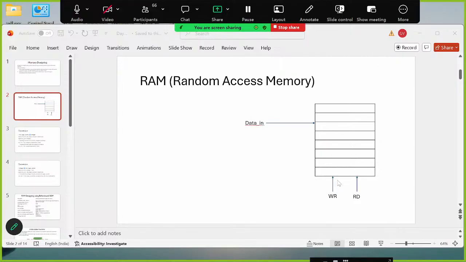Data in is there, read signal is there, write signal is there. I will put the data and activate the write signal. The data is written. If I want to read the data, I will read using this or anything else I required.